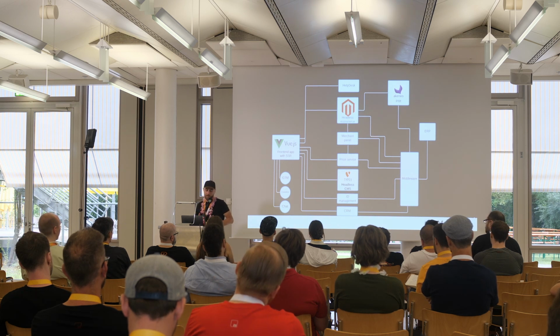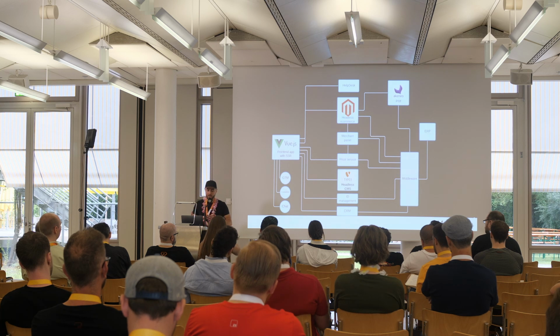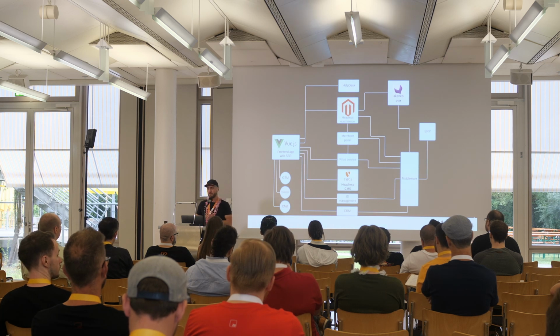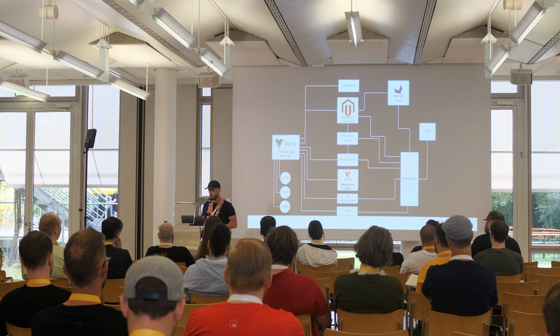And of course, there is ID management and CRM, and then middleware for handling all sales, sending them to ERP and stuff like this. And another thing, Akeneo PIM, which is a product information management system, which allows you to store information about the products.